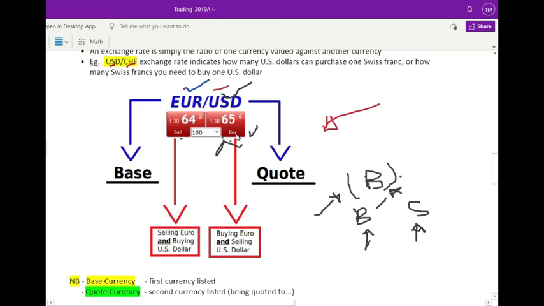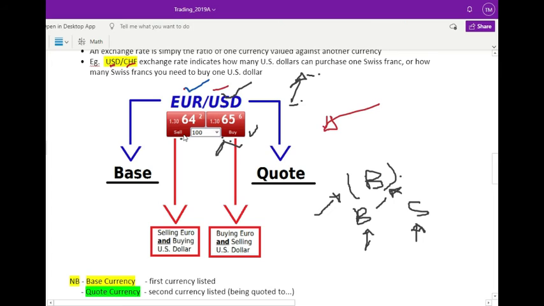Most people confuse this. You're not buying a pair, you are buying the base currency, thinking that it will increase in value, thinking that the euro will increase in value from this purchase price to this price, right? So let's not confuse. When you're pressing this, you are buying euro, selling the USD that you have, right?